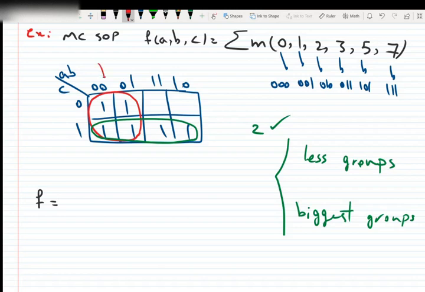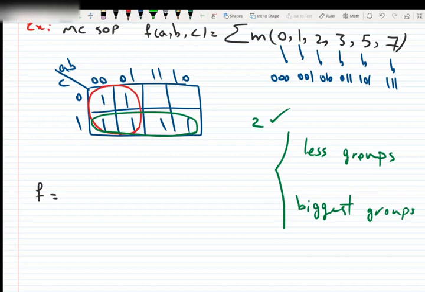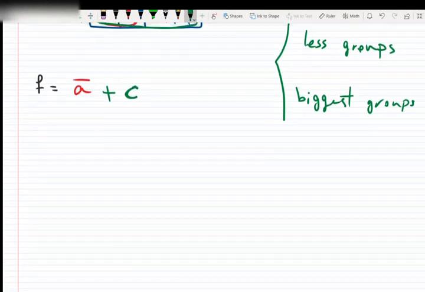Also B is 0 and 1, so B is cancelled. The only literal which is constant for the red group is A bar. What about the green group? If we look at the green group, we see that A and B are changing for these cells, but C is always equal to 1. So the simplest version of this function is A bar plus C.